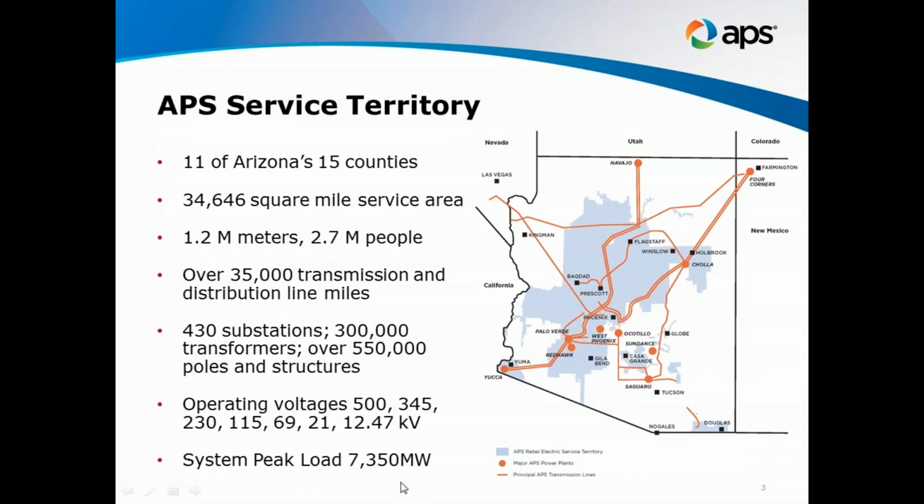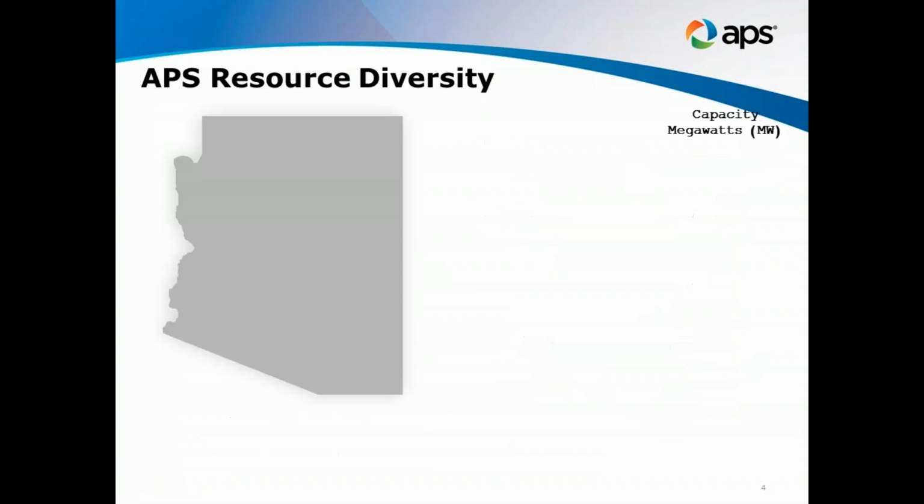And we have a system peak of about 7,350 megawatts. So on the map here, our service territory covers all the gray shaded regions. So you can see there's pockets that are disconnected from the main area of our service territory. So it's not one contiguous service territory.